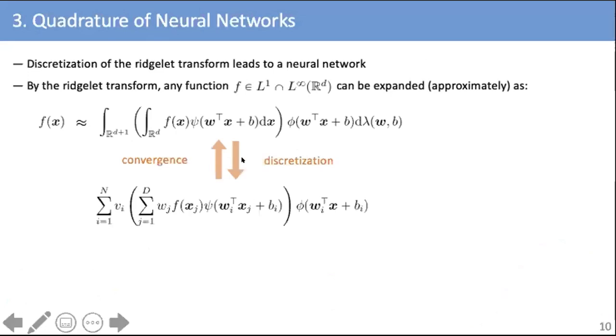The discretization of the two integrals turns the integrals into summation form, like this. The first integral is estimated by d points z of x, and the second integral is estimated by n points z of w and b.